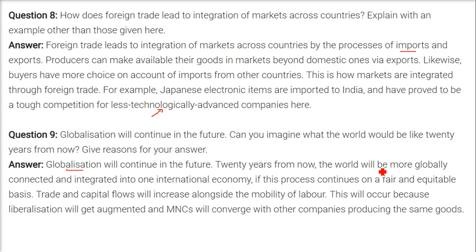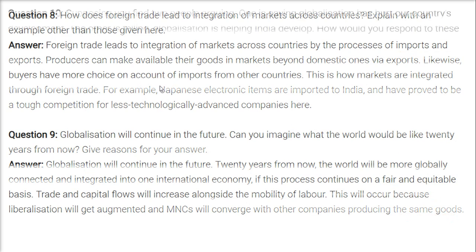So 20 years from now, the world will be more globally connected and integrated into one international economy, if this process continues in a fair, equitable and justified manner. So trade and capital flows will increase alongside the mobility of labor, that is migration. This will occur because liberalization will get augmented, and MNCs will converge with other companies producing the same goods.